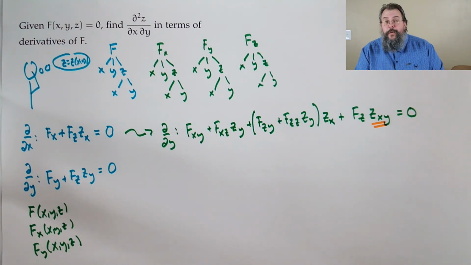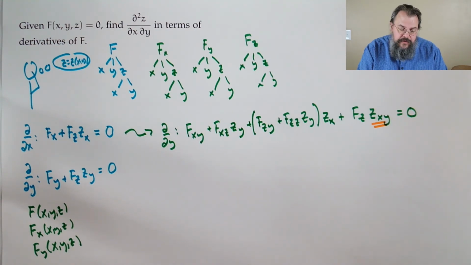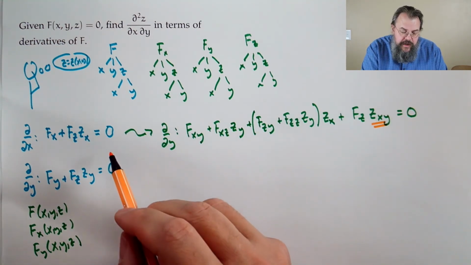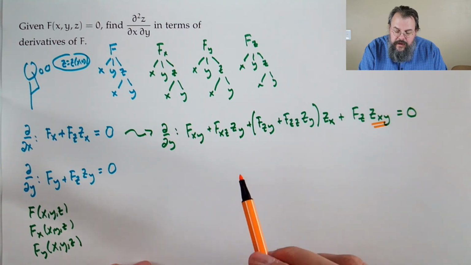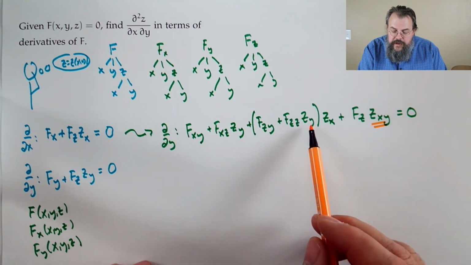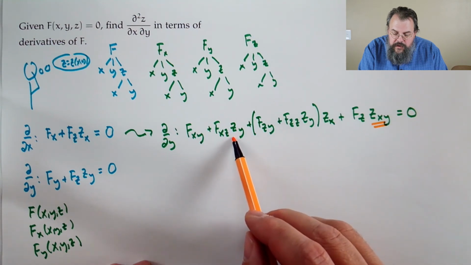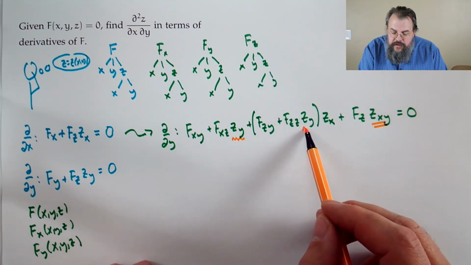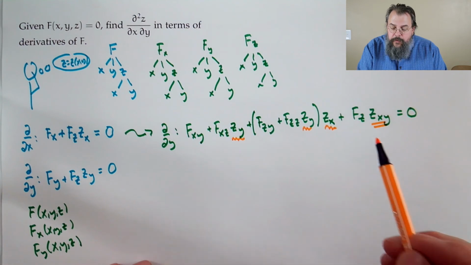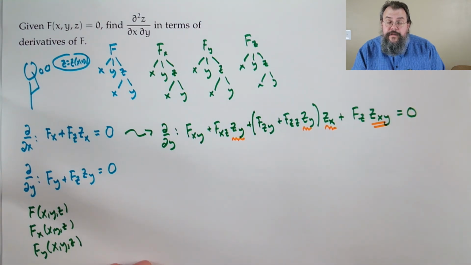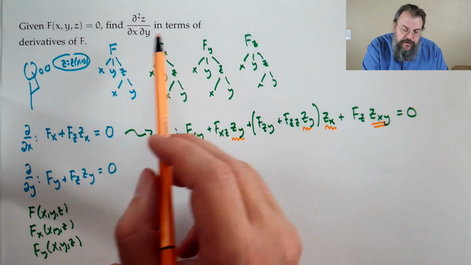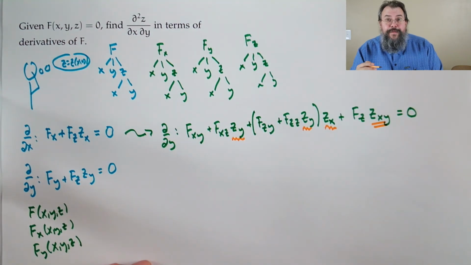Well, how do we actually achieve that? We go through and we clean up is what we're going to do. So, for instance, if we come back here, we can say, look, we have some z y terms showing up, and we have a z x term. We don't want those, because we only want things in terms of derivatives of f. How do we know we only want things in terms of derivatives of f? Because it says, in terms of derivatives of f. That was sort of our big clue.